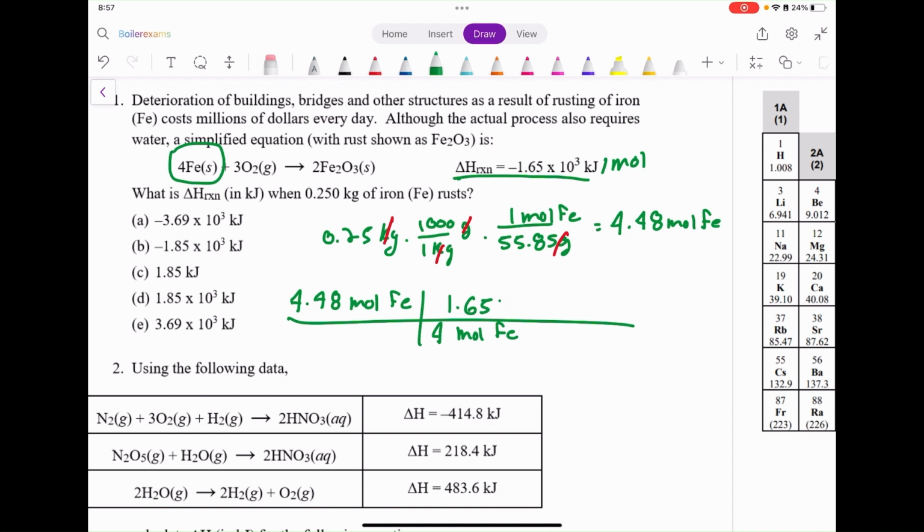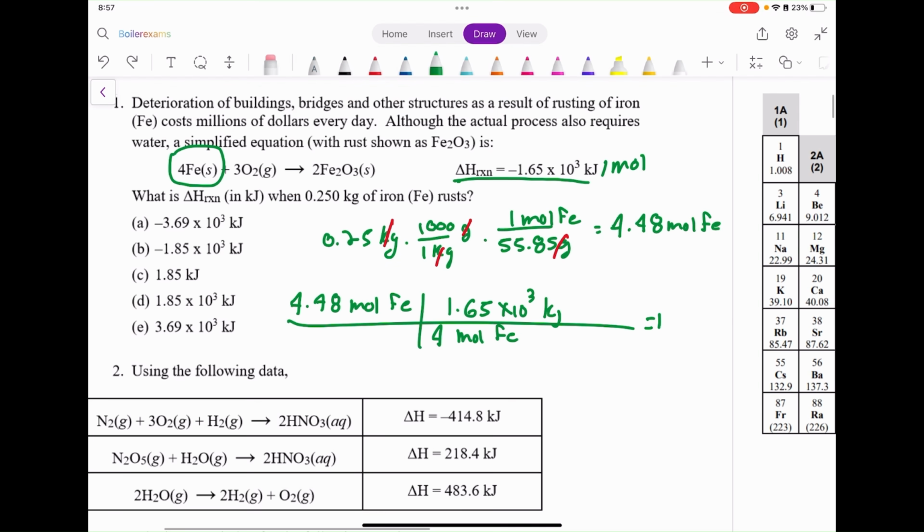I think that'll be more clear. Okay. So multiply the top, divide by the bottom. 4.48 times 1.65 times 10 to the third divided by 4. 1,846.5 kilojoules.